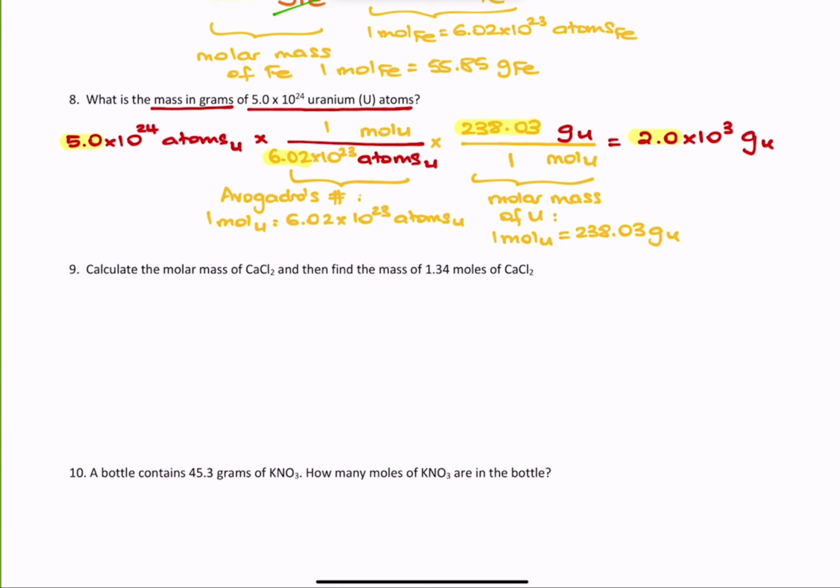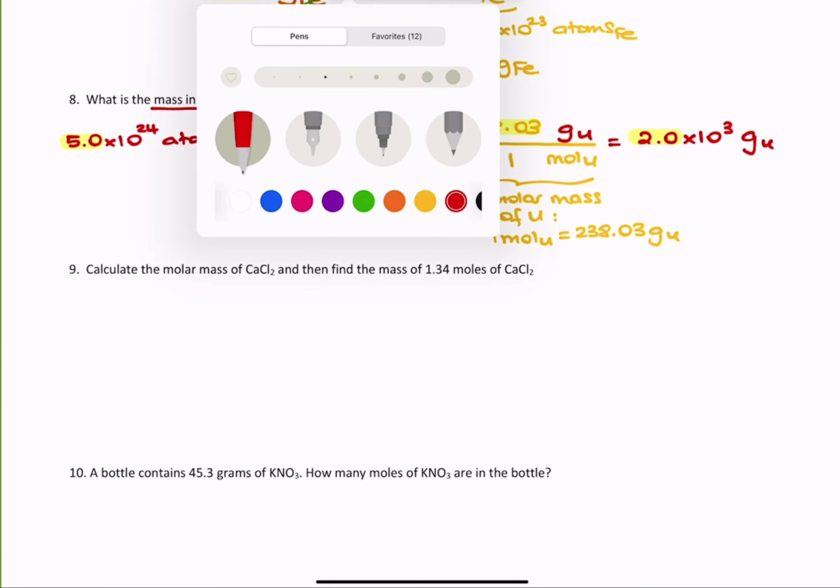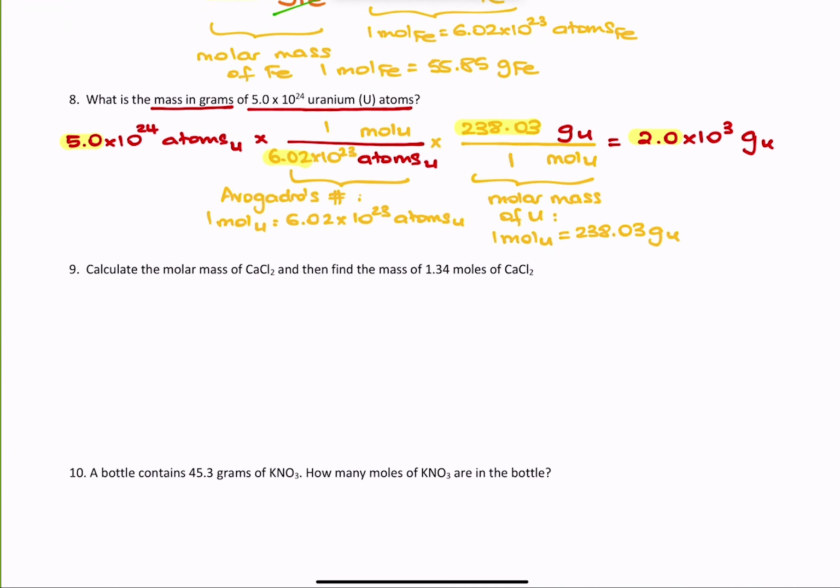Problem 9 now. First of all, we have to find the molar mass of calcium chloride, CaCl2. So 1 times the molar mass of Ca plus 2 times the molar mass of Cl.